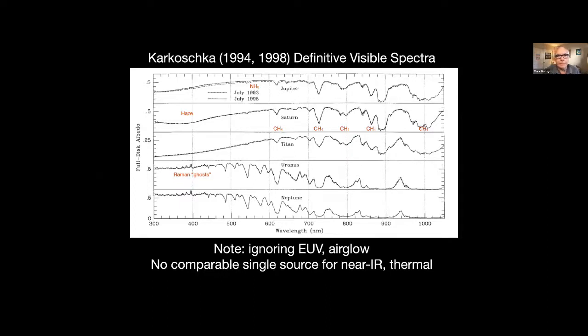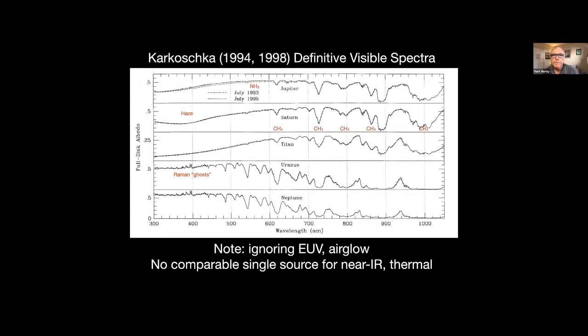The continuum flux level, as I'll talk about more in a minute, is set by scattering predominantly from the clouds, the bright ammonia clouds at Jupiter and Saturn, and the deeper cloud deck for Uranus and Neptune. Jupiter and Saturn, and also Titan, of course, have a lot of photochemical hazes, and the long drop off from starting around 600 nanometers or so and going to the blue is caused by haze absorption.